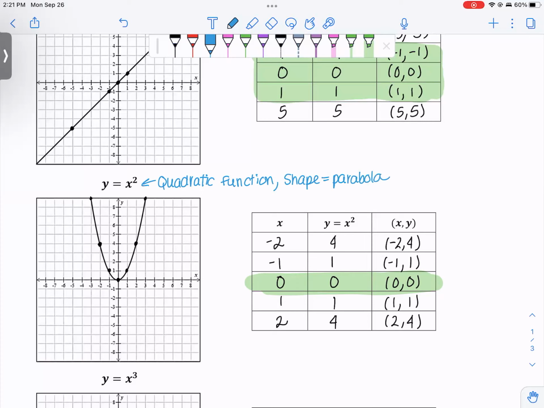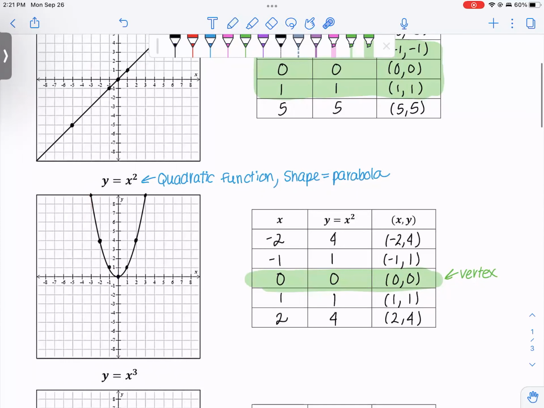Just because I'm saying those words out loud, might as well write them down. Quadratic is because the degree is 2. Parabola is just this shape right here. Anyway, this guy right here, this is the vertex of the parabola. That's just the lowest point here. That's where it changes direction.